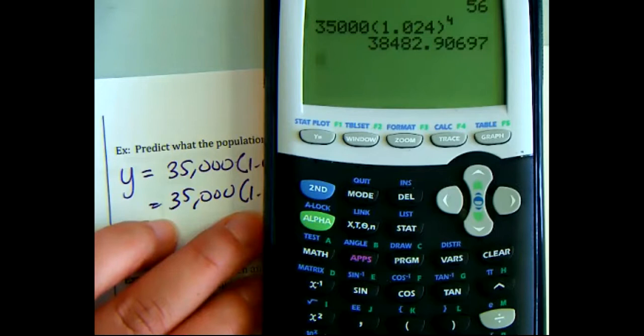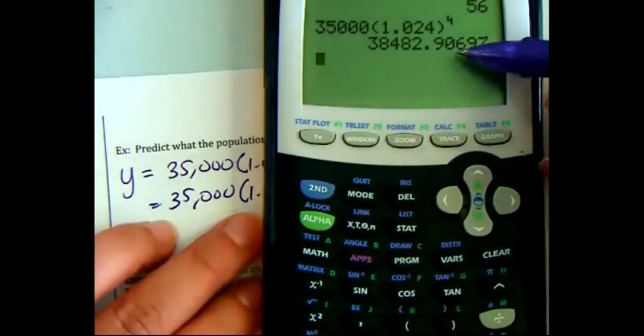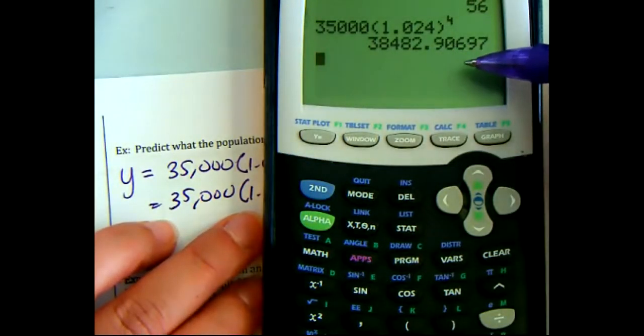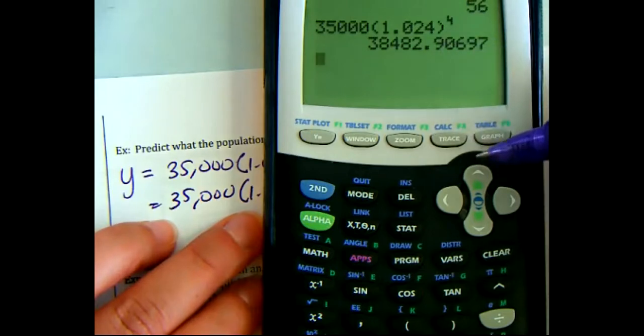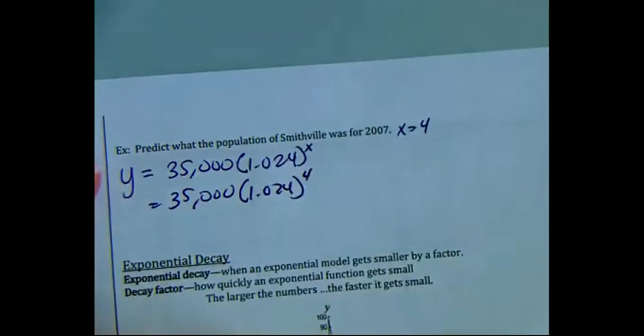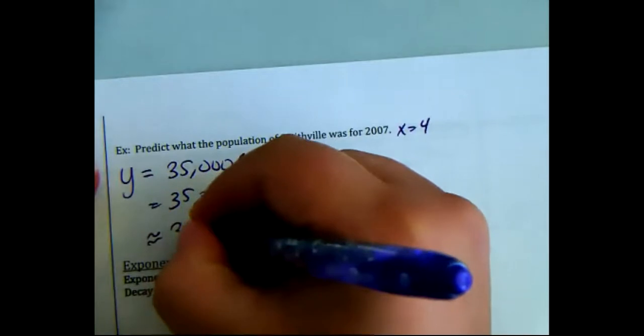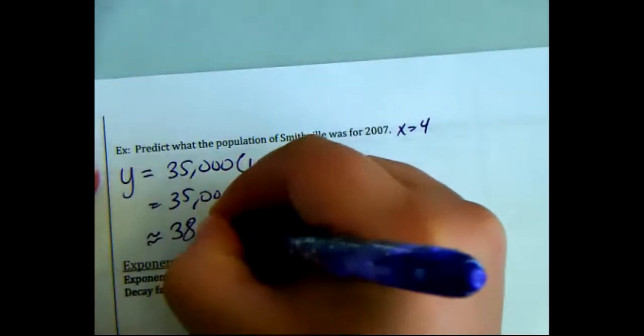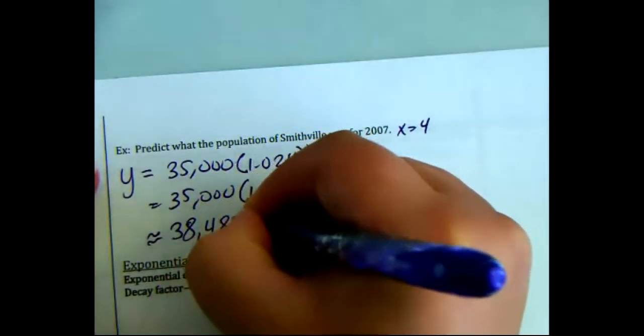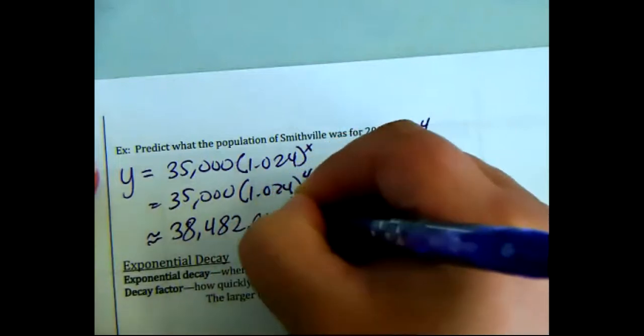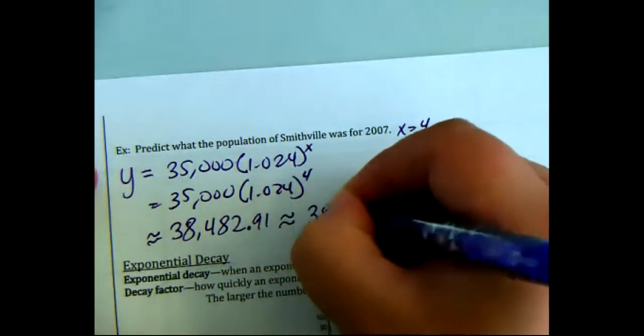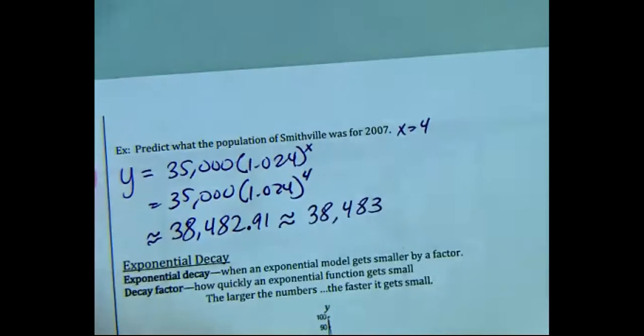So we're going to round that because there's no such thing as 0.91 of a person. So we'll round that to a whole person. This is going to be approximately 38,482.91, which is 38,483 people.